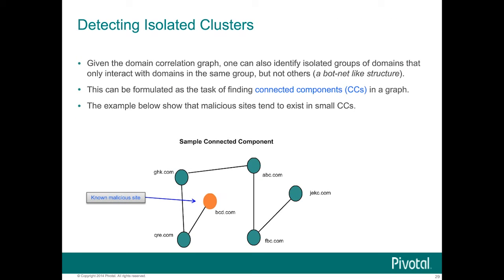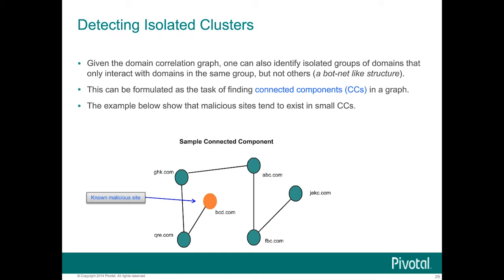The other technique that we use from this social network graph is to identify isolated groups of domains that only interact with domains in the same group and do not interact with anyone else. This is exactly a botnet-like structure where the domains are interacting with only the domains in their group while they don't interact with anyone else in the whole community.